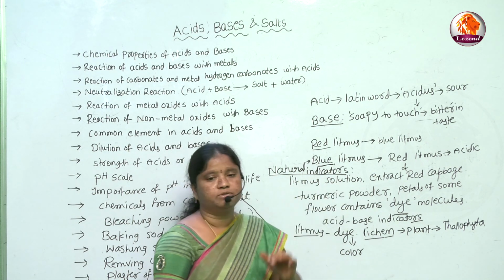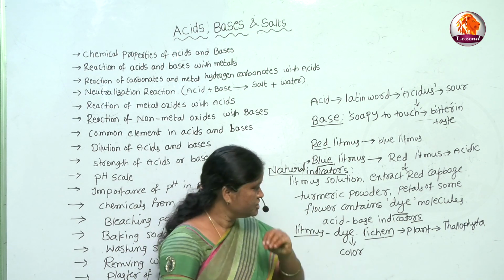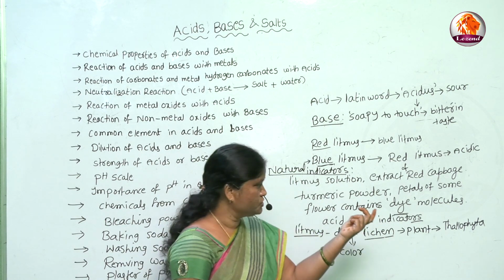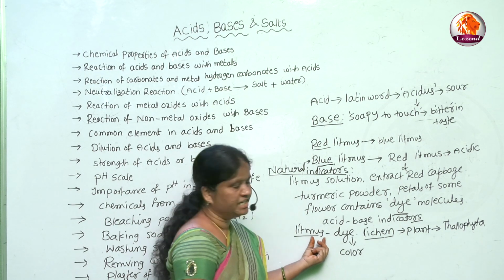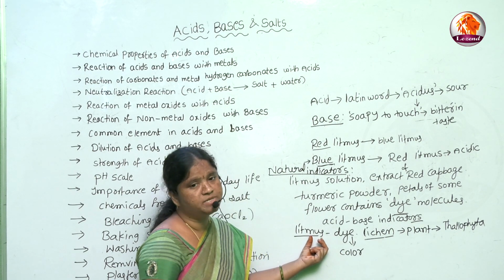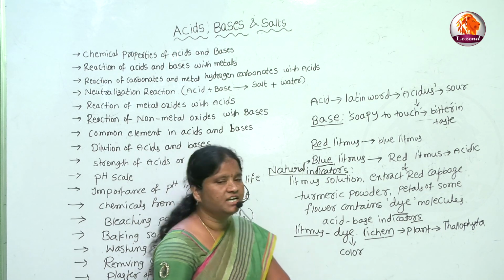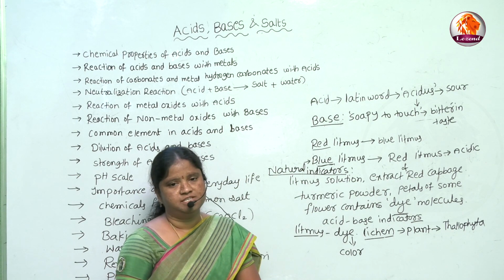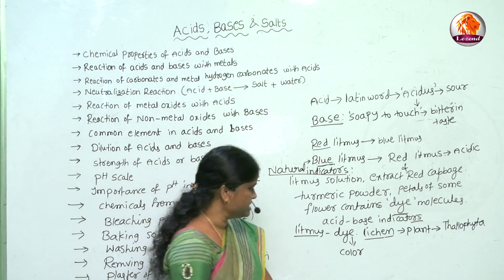So litmus is a dye extracted from a lichen, a plant which belongs to the division of Thallophyta. It is used as an acid base indicator. What do we mean by acid base indicator? It is used to indicate the nature of the substance, whether it is acidic in nature or basic in nature.